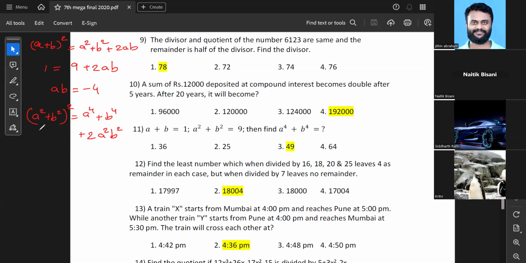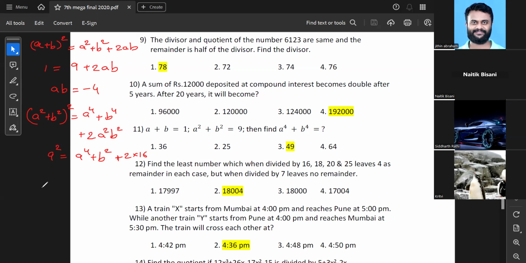Instead of a square plus b square, I'll substitute 9, that squared. Then a raised to 4 plus b raised to 4 plus 2 multiplied by, in place of ab, I'll substitute minus 4. Its square is 16. 16 into 2 is 32. Over here it's 81. 81 minus 32 is how much? 49.